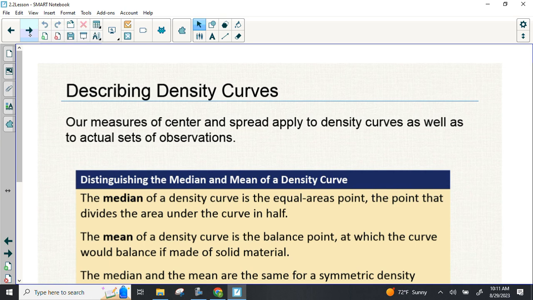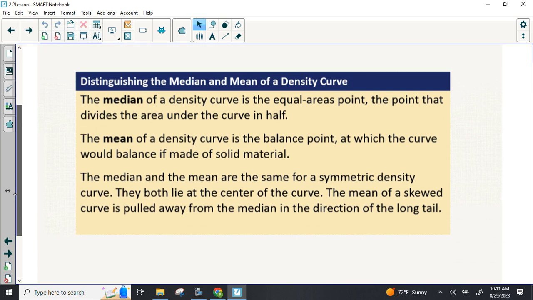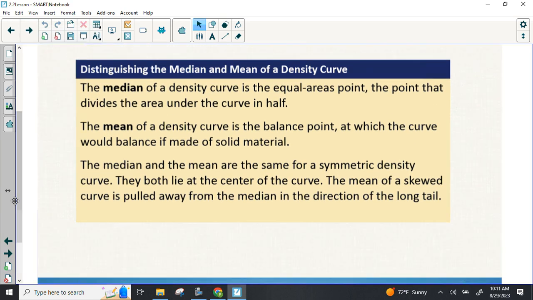All right. So the median is going to be our equal areas point. With skewed data, the mean will not be the balance point, it would be off. Otherwise the mean is the balance point.